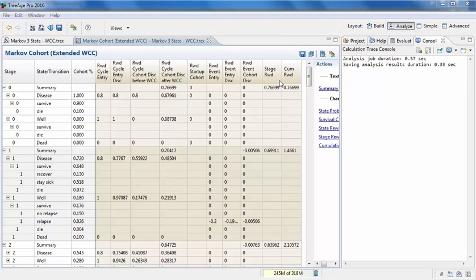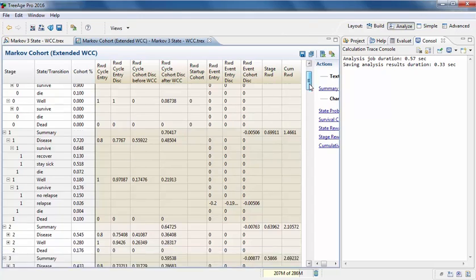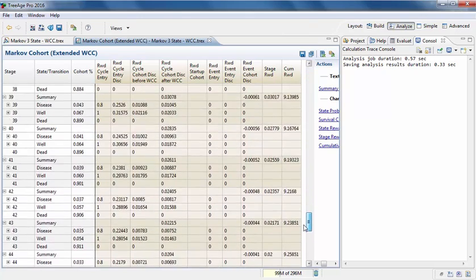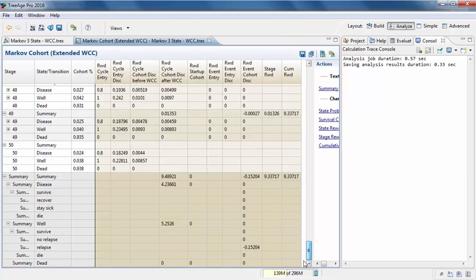The Stage Reward column then adds up the cycle rewards, any startup rewards, and the event rewards to give you the summary per stage. And then the cumulative reward column is the cumulative total of those stage rewards as the model goes forward. We can scroll to the bottom and see the expected value for the utility. The summary of the cumulative rewards is found at the bottom of the report.